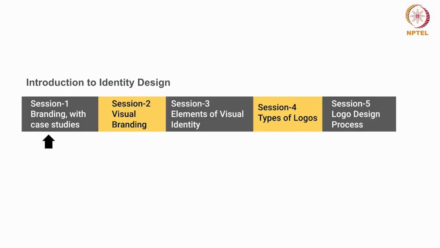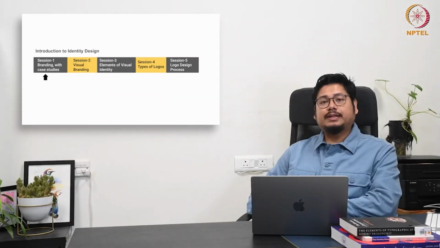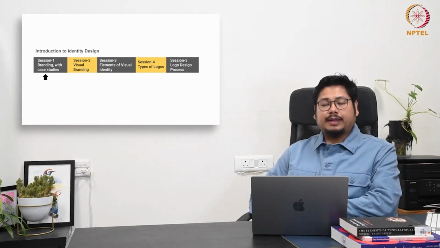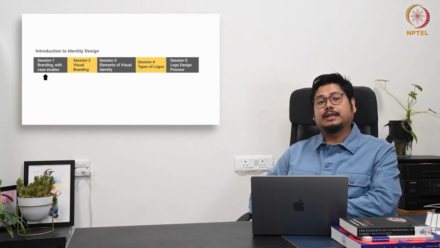In session 3, we'll understand what the elements associated to visual identity are. As I said, within visual identity, there can be logo, typeface, right? How to choose a better typeface, what kind of shapes are important to create such kind of essence in that particular brand. Apart from that, we will see how colors, as you have learned, create an impression or emotion on a particular composition.